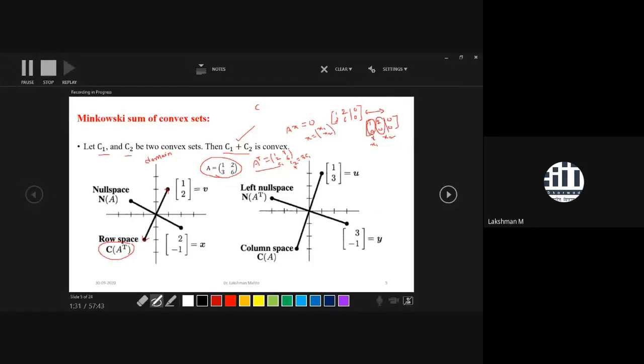So here, in the reduced form, we observe that the first column is the pivot column and the second column is the non-pivot column, or, another way to say it, the non-redundant column. Non-redundancy plays a very important role in finding the null space of A. So x2 is free. x2 can take any value, but x1 is dependent upon x2.